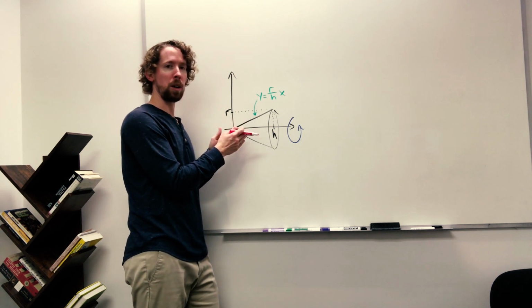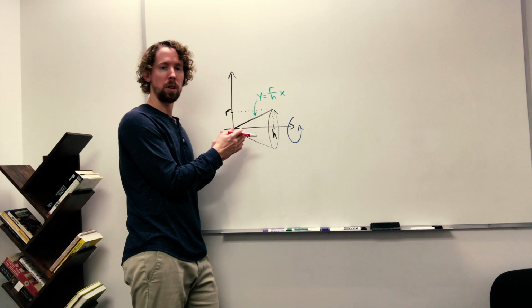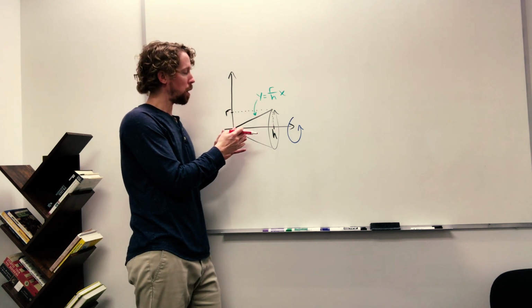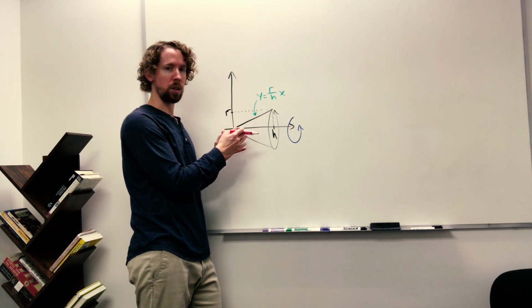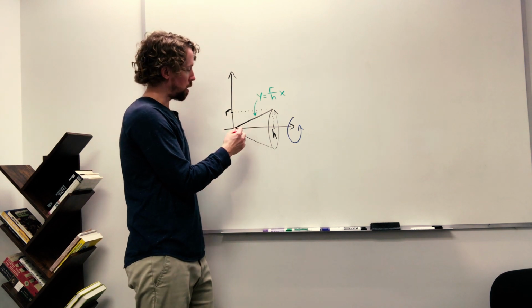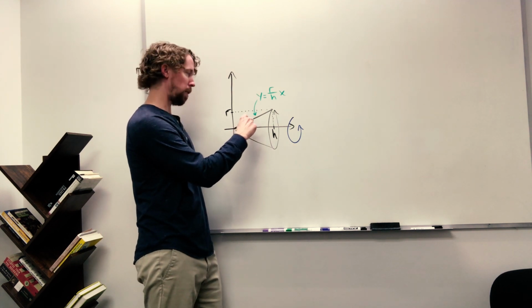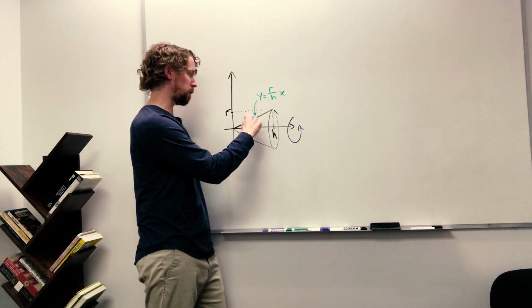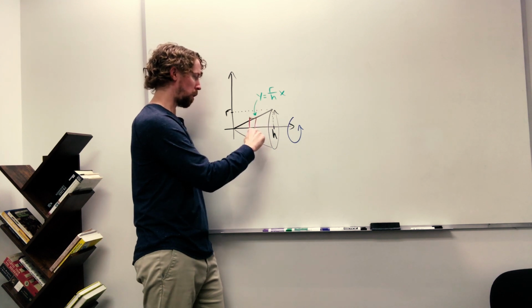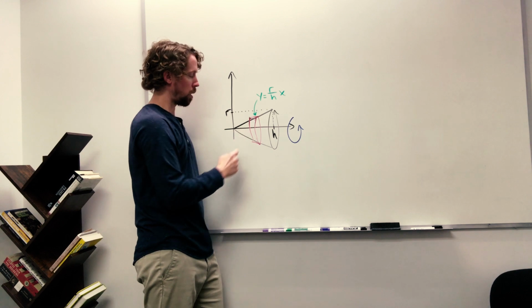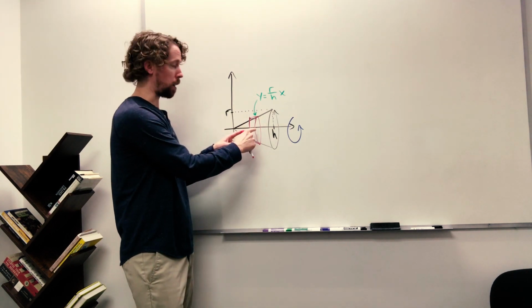So here, to get an approximation for this volume that I can make better and better by using more and more of these simple three-dimensional objects, I'm going to use little cylinders or discs, and they're going to look something like this. So I'm going to cut up this cone into pieces, little discs like this.